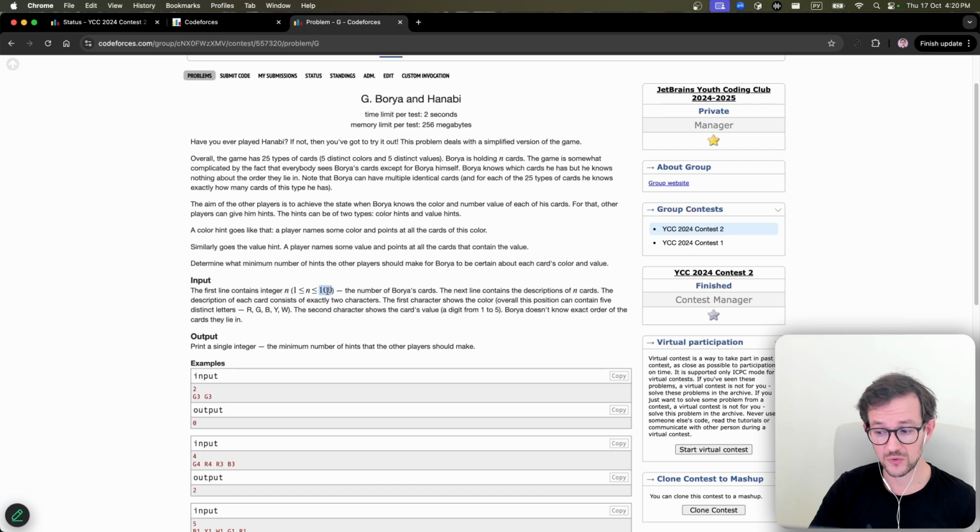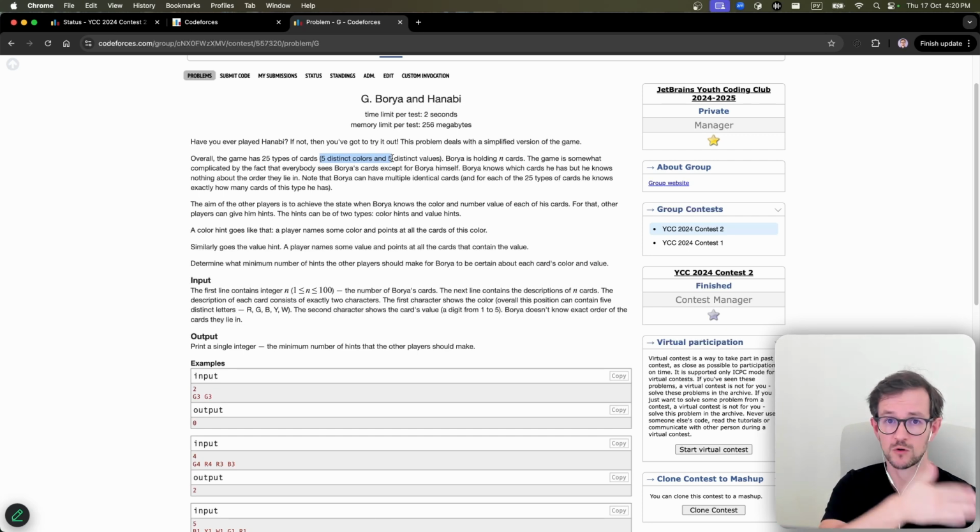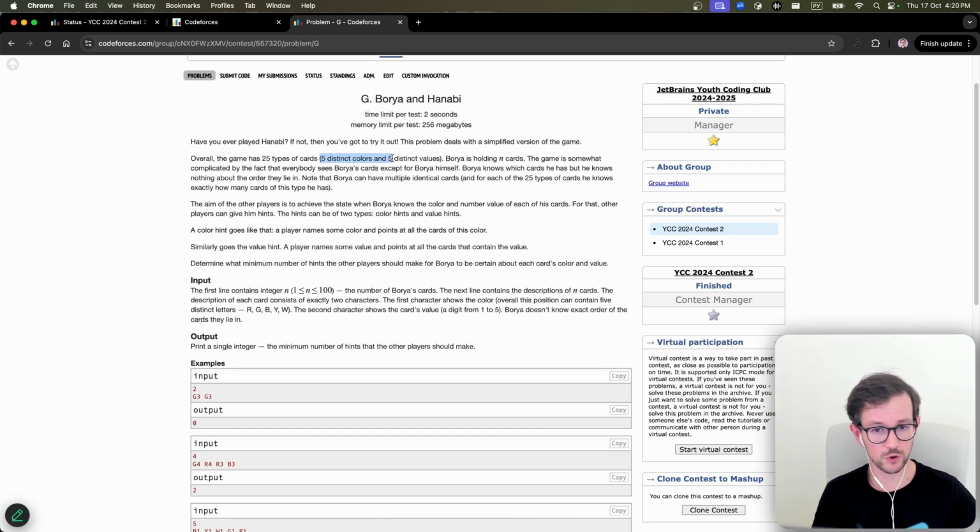If all numbers look very small, you think about non-polynomial solutions, some backtracking, dp over subsets, or just iteration over all possible subsets, and so on. For example, you have 25 types of cards, and you can check all possible subsets of these 25.